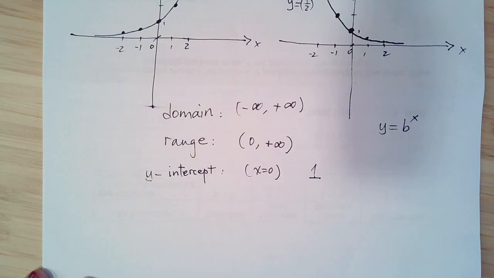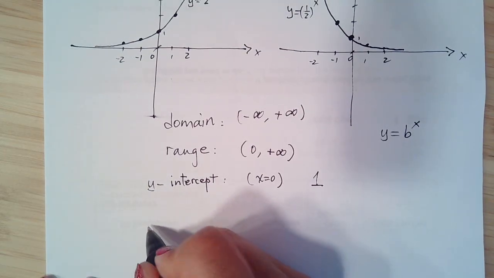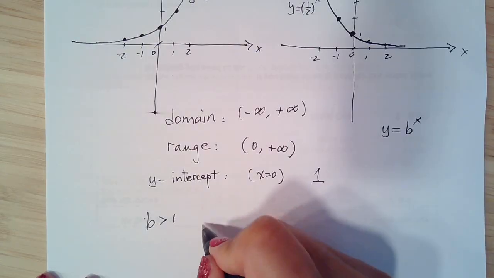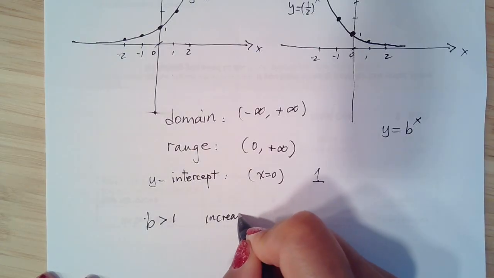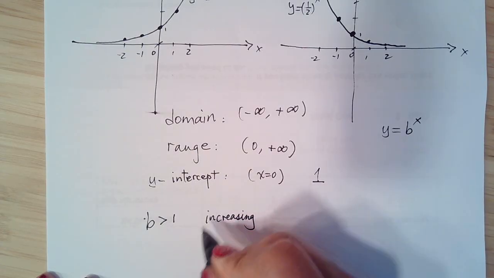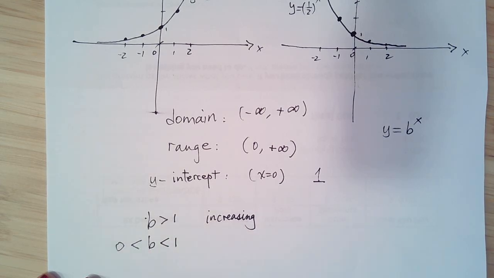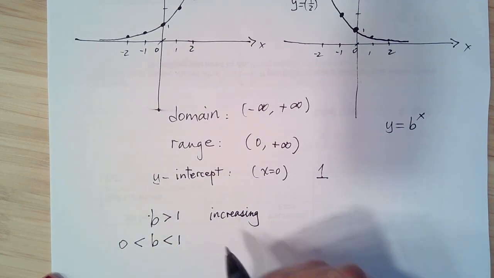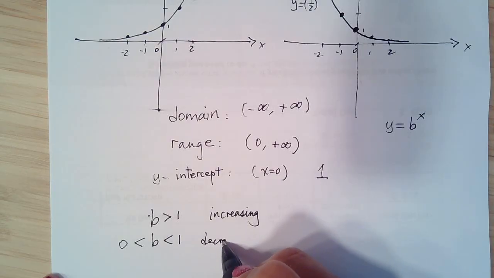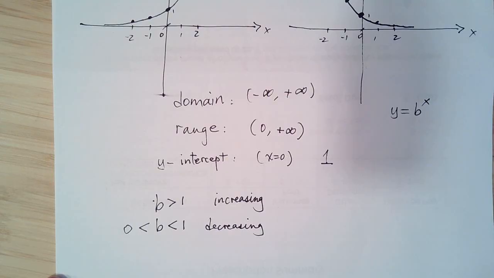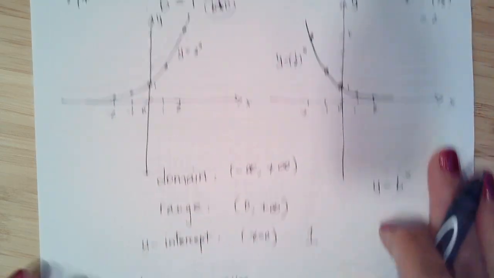Is this an increasing function or a decreasing function? If b is greater than 1, it's an increasing function. If b is less than 1, but it has to be greater than 0, because remember it cannot be 0 or negative, then that's a decreasing function. Okay, and asymptotes. Is there any asymptote?